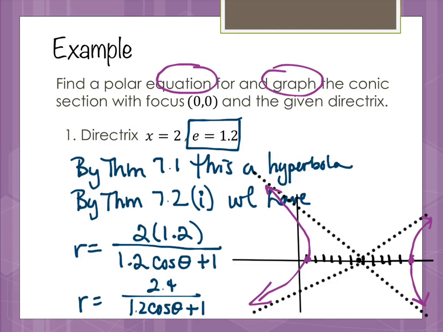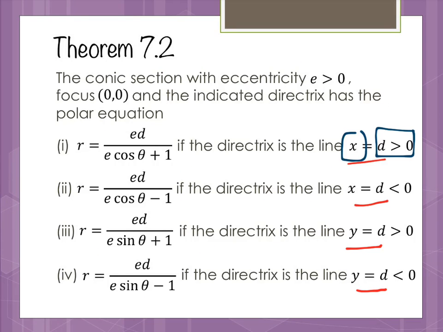So which part do we have on Theorem 7.2? We have a directrix y equals 2. So which part am I on? 1, 2, 3, or 4? 3. I've got the line y equals, and I have a d value for my directrix that's positive. So I'm on part 3.